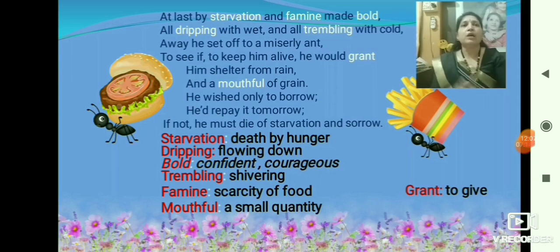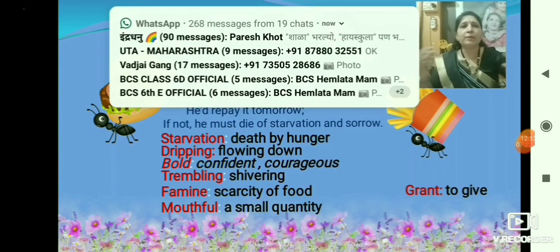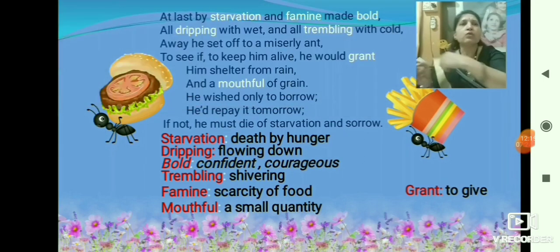And all trembling with cold. All trembling means all shivering. Due to the coldness, due to the snow falling, he suffers and he shivers.